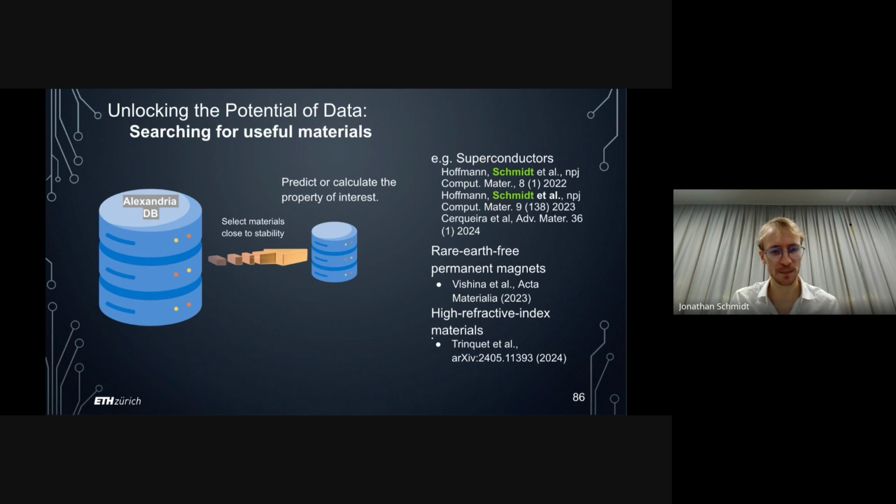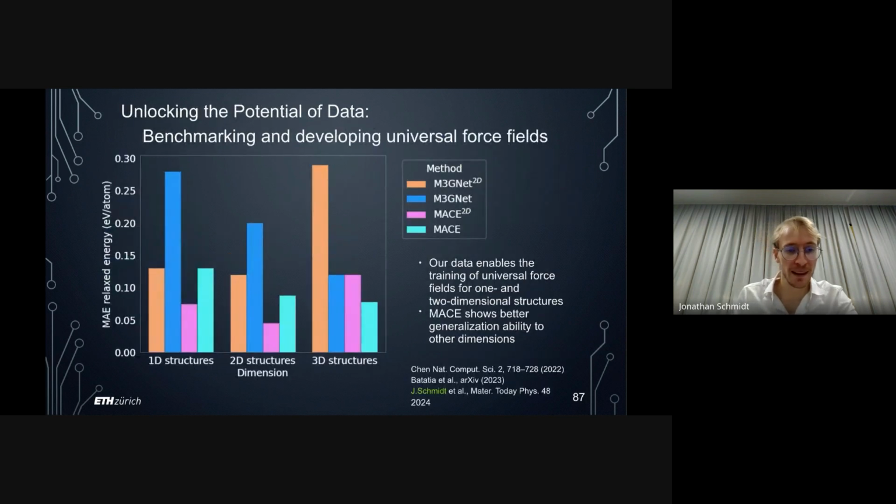Now, the other direction is, of course, machine learning. We have done some of our own benchmarks and trained some of our own models. I already mentioned some universal force fields for 2D. Here we have M3GNet and MACE evaluated on our 3D structures, 2D structures, and 1D structures that we also have. We can see for 3D, MACE performed the best, followed by M3GNet and the MACE 2D model.